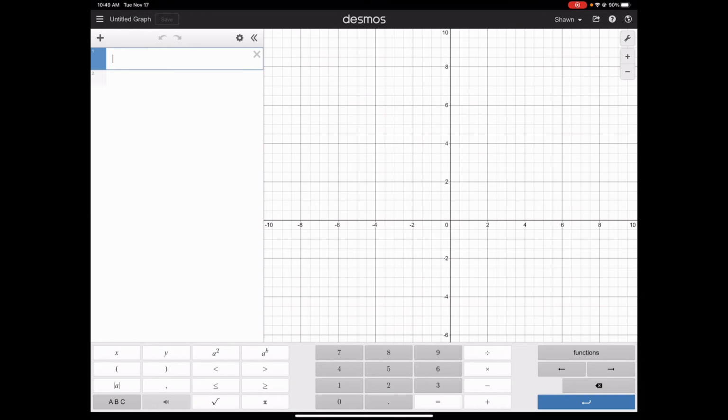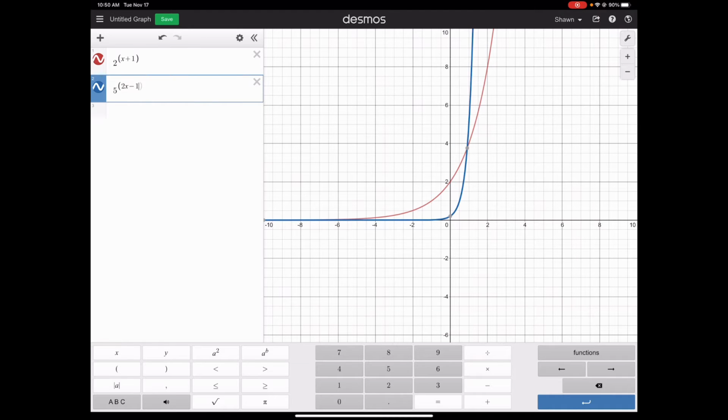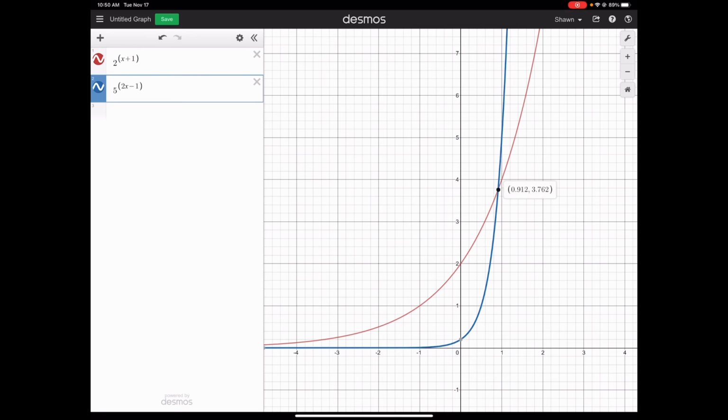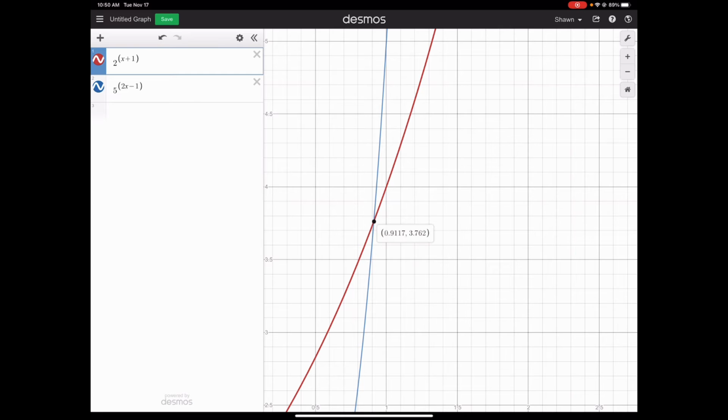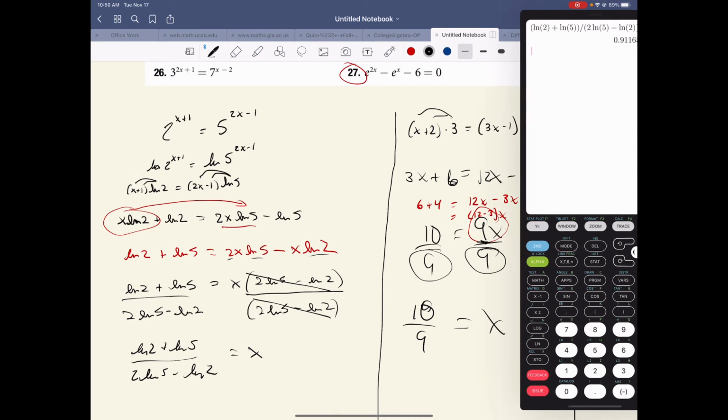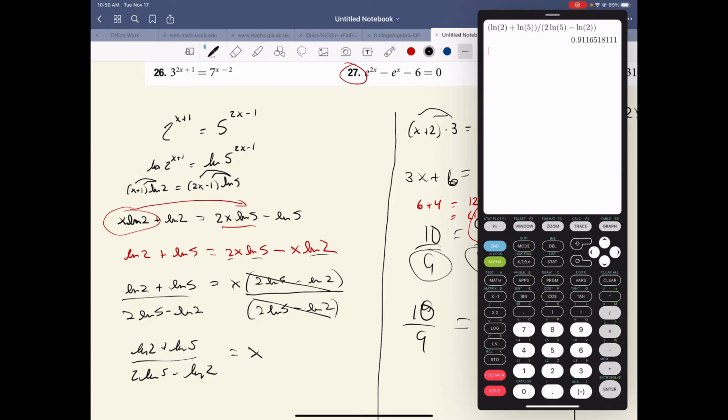If we went in here and we said 2 raised to the x plus 1, and we said 5 to the 2x minus 1, you can see they do cross somewhere, and where they cross is at 0.9117, and if we went back here to our calculator, it does round to 0.9117, and so that is the answer.